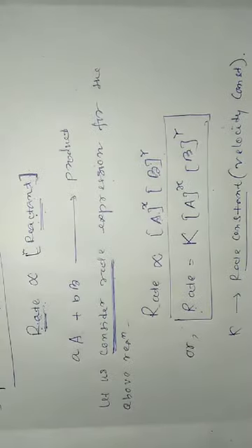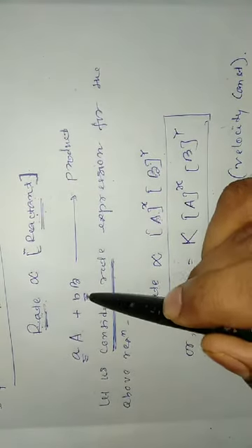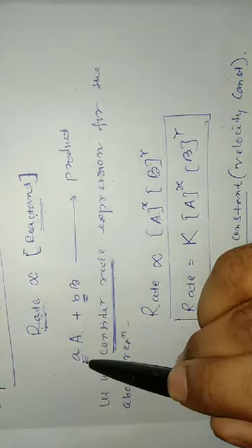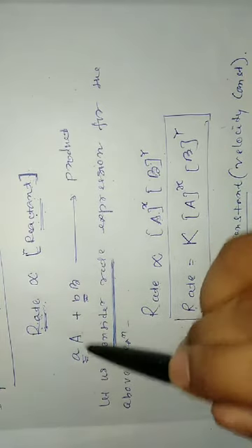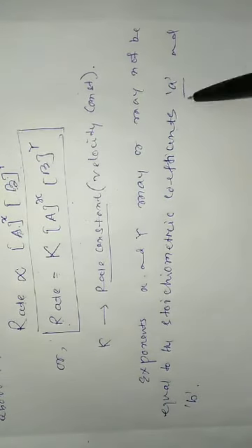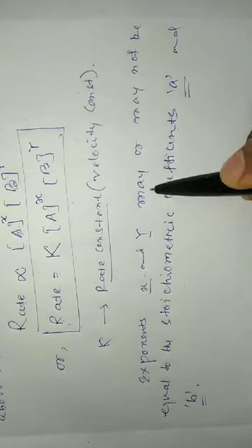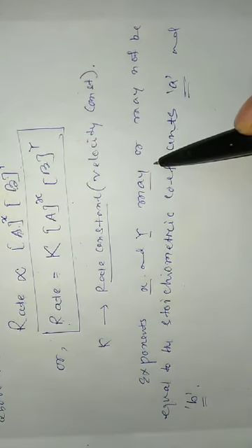In the general chemical reaction, a and b are the stoichiometric coefficients. These represent the number of moles of the reactant. So the values of the stoichiometric coefficients a and b may or may not be equal to the exponents x and y.